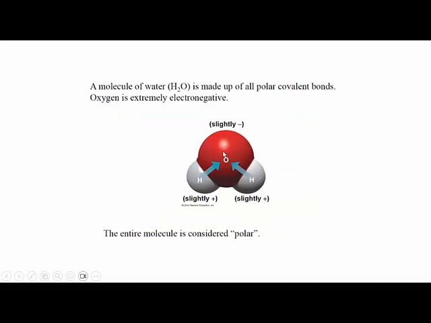So oxygen is tugging on those shared electrons closer to itself than hydrogen, and electrons are negatively charged. So this oxygen atom is going to have a slight negative charge, while the hydrogen atom has a slight positive charge. And this molecule is polar because these 2 polar covalent bonds give this end a slightly negative charge and this end a slightly positive charge.